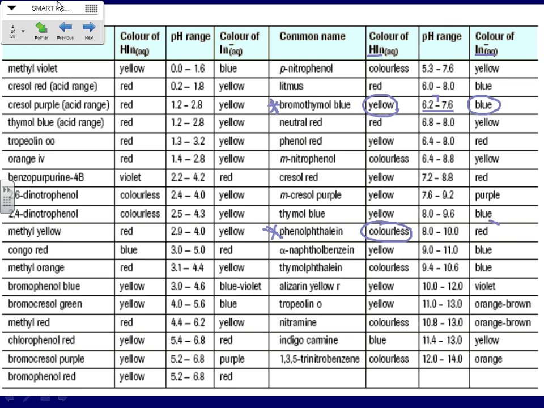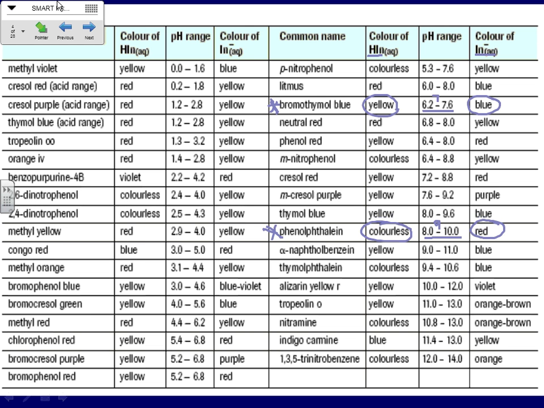The base color is red, or fuchsia, or magenta, or whatever you want to call it. But notice the pH range where that changes color. 9 is in the middle. So phenolphthalein actually goes from colorless to red, or to magenta, at a pH of 9. So its K value is different than bromethymol blue's K value.